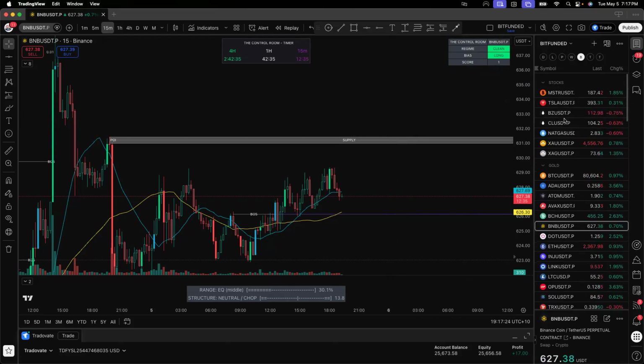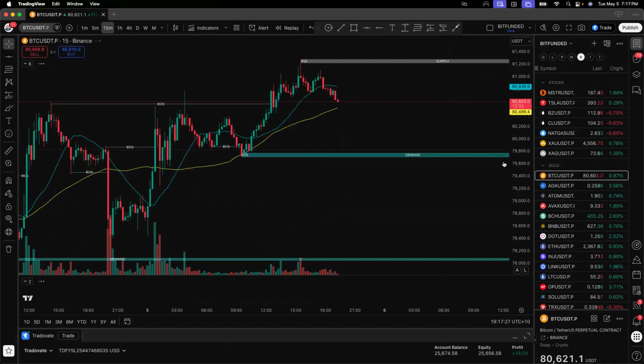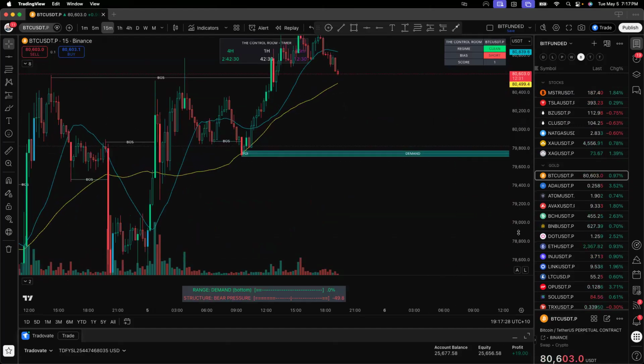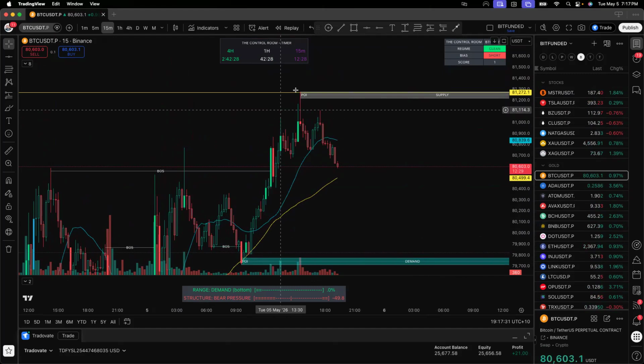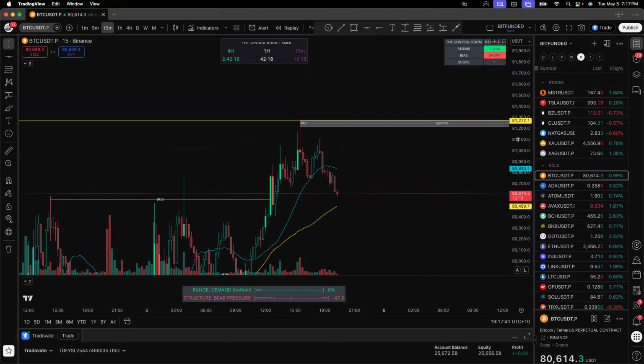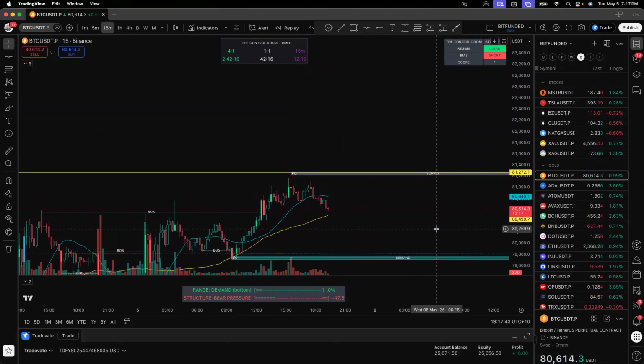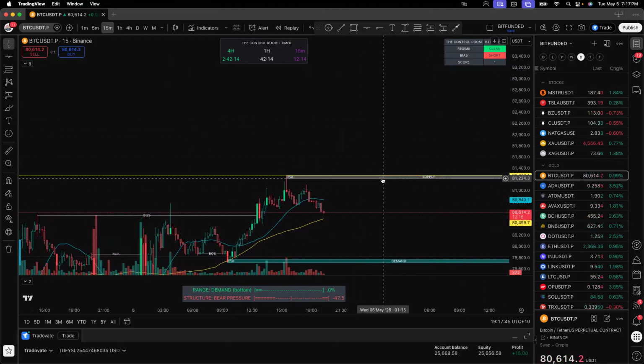Let's go back quickly, have a look at Bitcoin. So like I said, we hit the target perfectly. I would really like to see a retest here. And if we get a retest here and a bounce, I think you'll be able to ride that trade for a while.